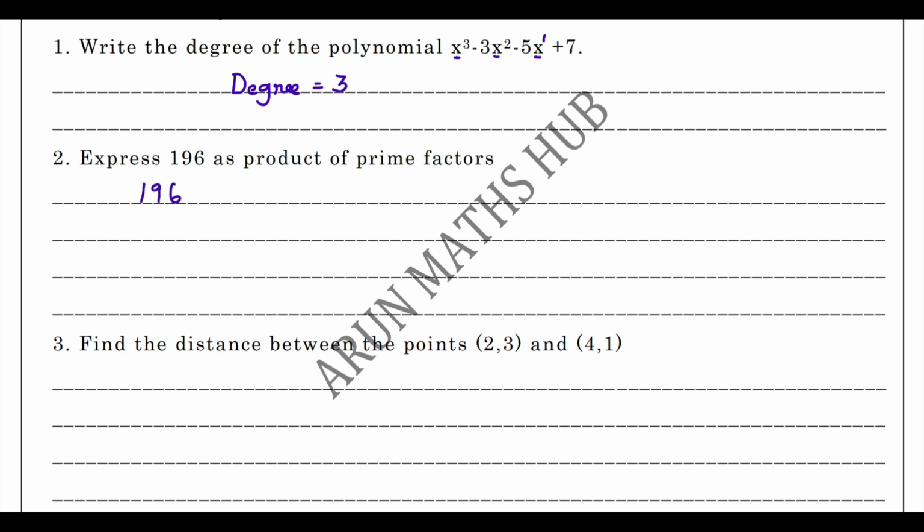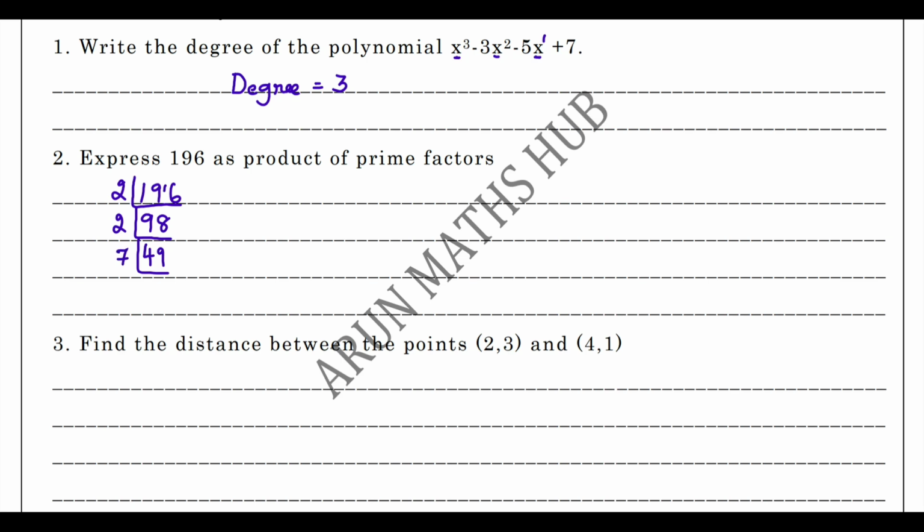Start from the number 2: 2 9s are 18, then 1 will be carried over, 2 8s are 16, 2 4s are 8, then 2 9s are 18. 49 cannot be divisible by 3, 4, 5 and 6, then the next number is 7.